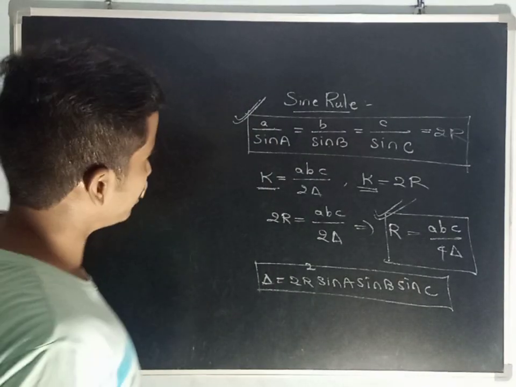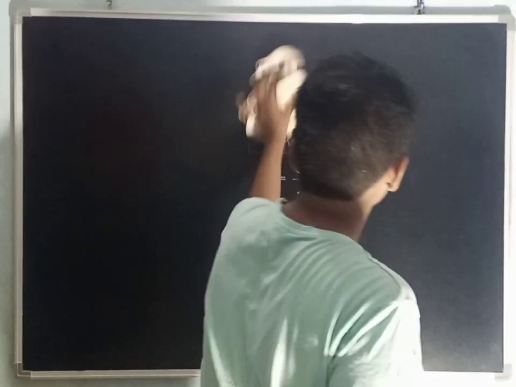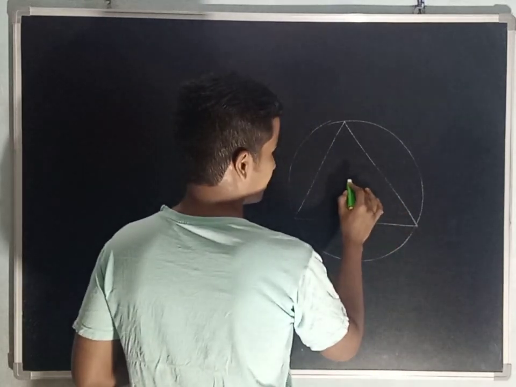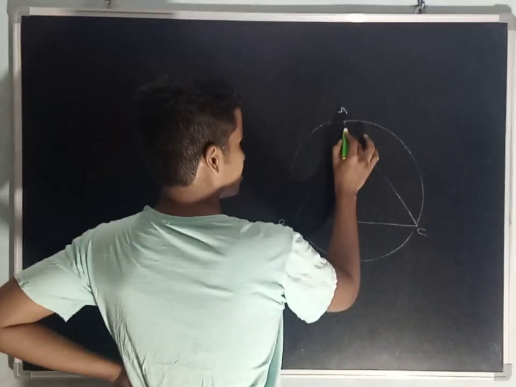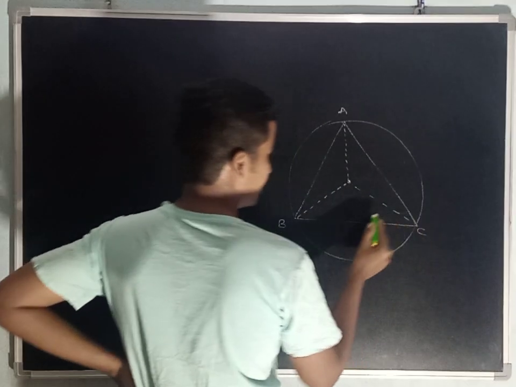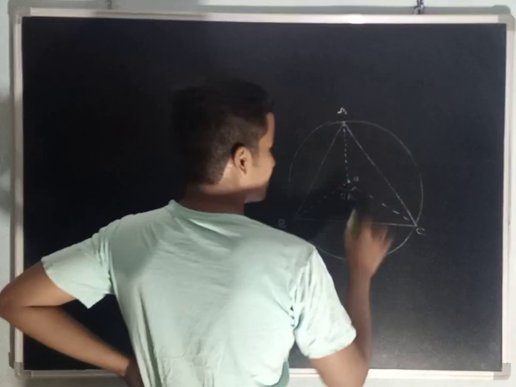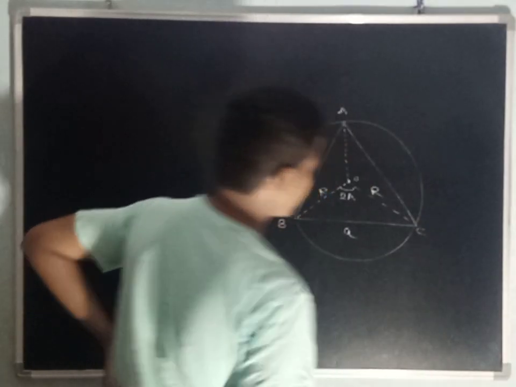In today's video, we are going to understand the same concept in another way. Previously, we drew a circle and a triangle ABC with a center, and joined the vertices and the center of the circumcircle.